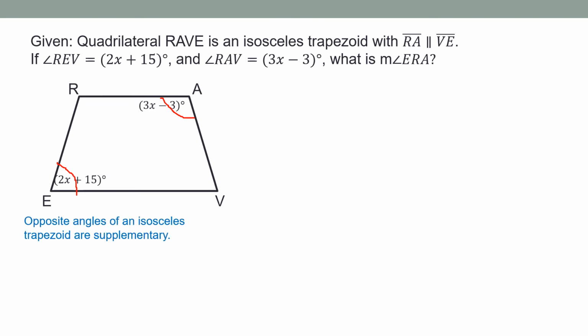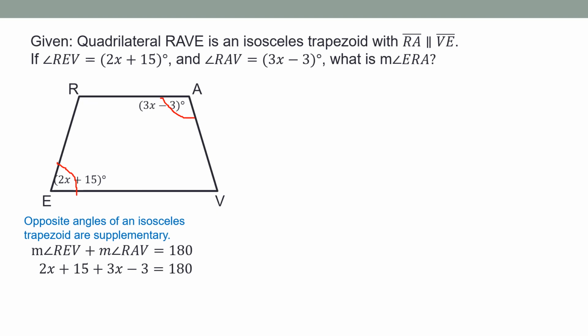As you remember, the property for isosceles trapezoid: opposite angles of an isosceles trapezoid are supplementary. Again, opposite angles are supplementary. The measure of angle REB plus the measure of angle RAB is equal to 180 degrees.